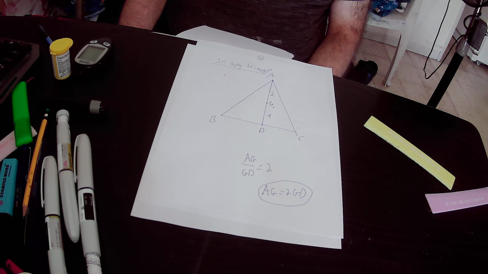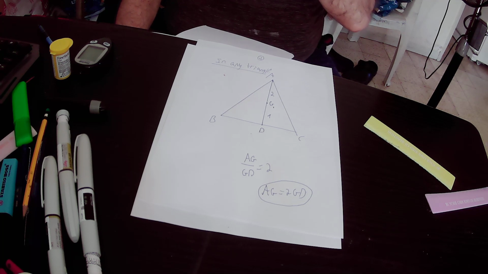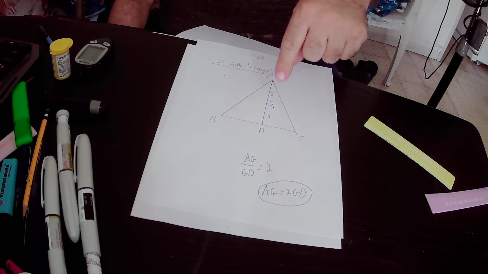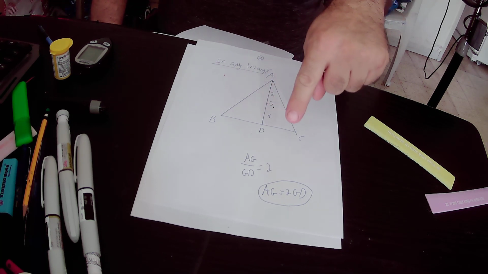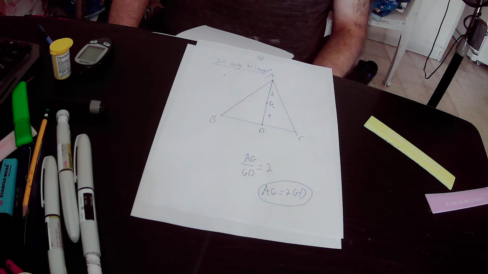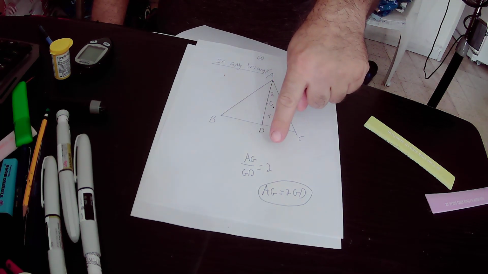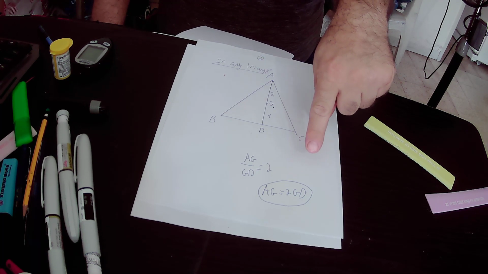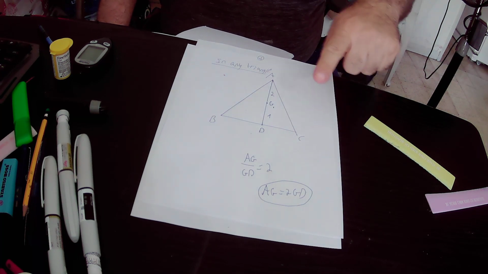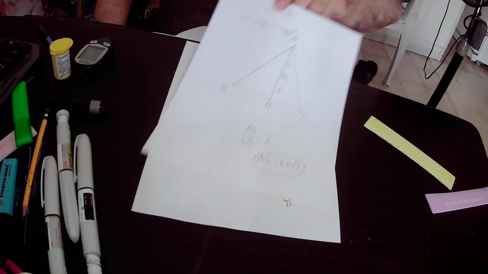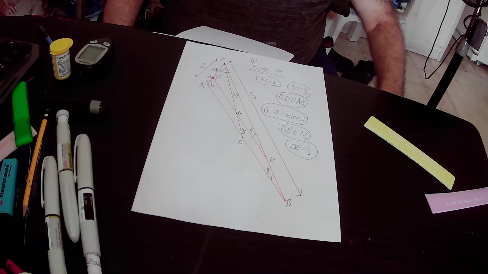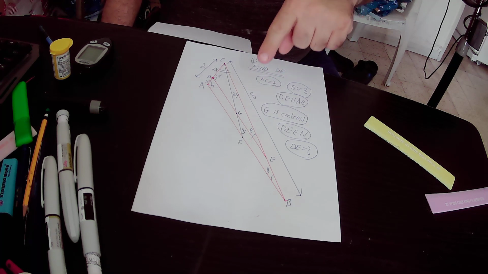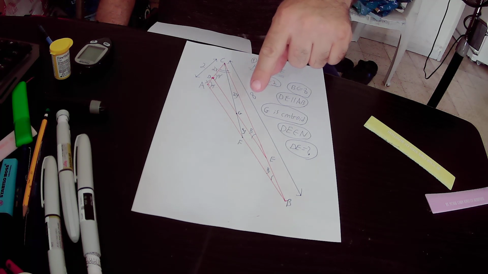The centroid G divides the median AD in a ratio of 2 to 1. That is to say, AG over GD equals 2, or if you multiply this equality by GD, we get AG equals 2 times GD. So if we relate to our triangle ABC, we know that G is the centroid of the big triangle ABC.